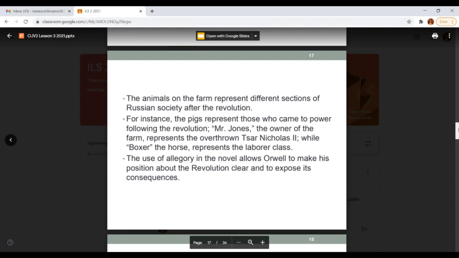So you have specific characters representing specific levels of the classes that the characters speak for. And the use of allegory in the novel allows Orwell to make his position about the revolution clear. So you're very clear about the ideas that the author stands for and to expose its consequences.